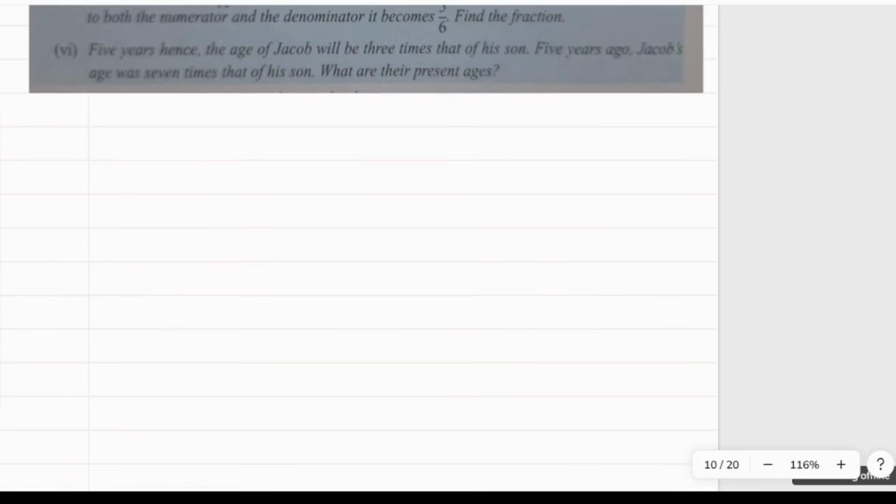So what can we write here? Let one number be x and the other number be y.